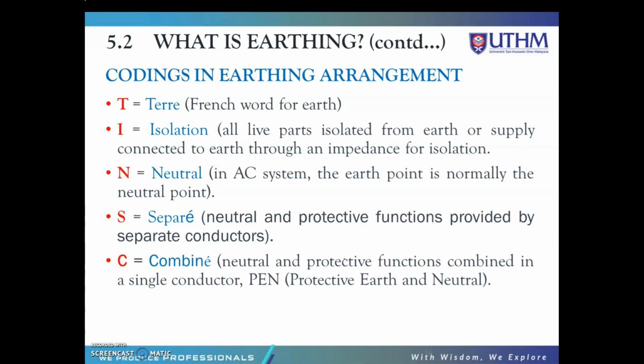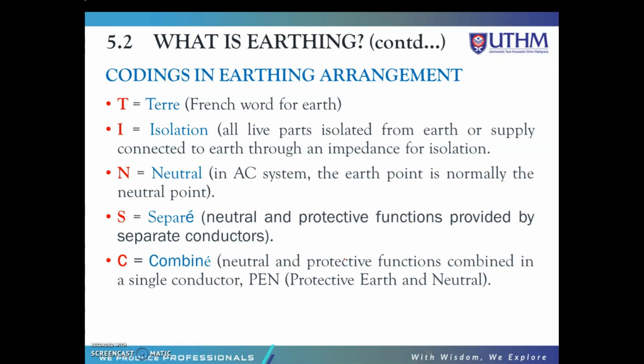The first letter indicates how the earthing is done on the source side, which is normally generator and transformer, while the second letter indicates how the earthing is done on the device side, which is placed where electricity is consumed at the consumer premises.